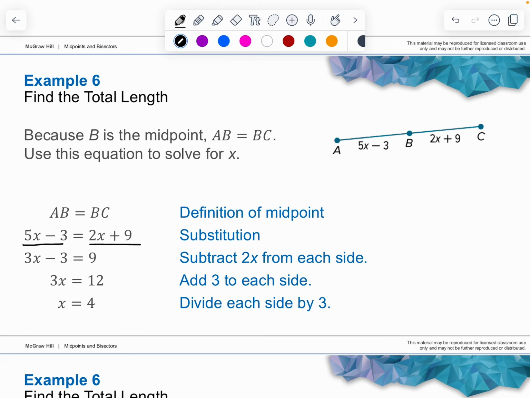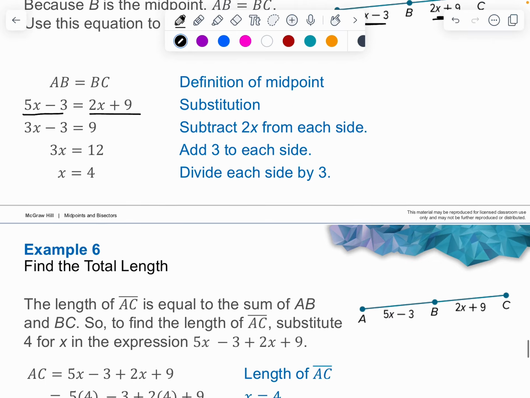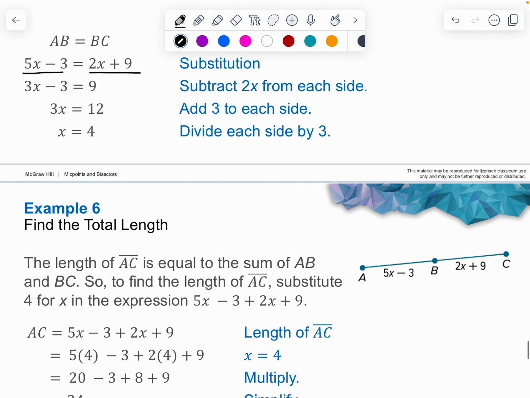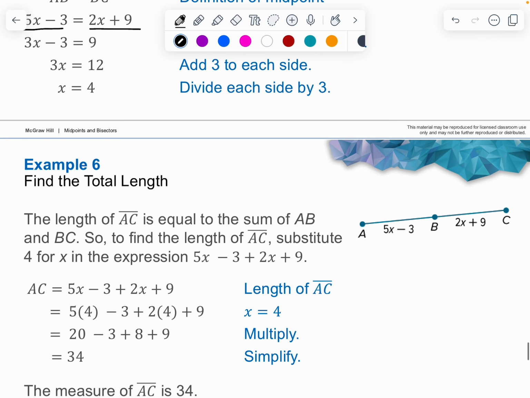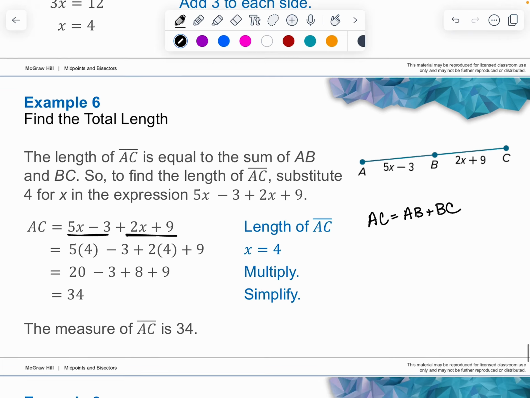What we're going to do with X, well, we can plug it into one of these up here. So that's what they're going to do. They're going to plug it, actually, they said, hey, what is AC? AC is equal to AB plus BC. So then they went ahead and added those together. That's how they chose to solve it.